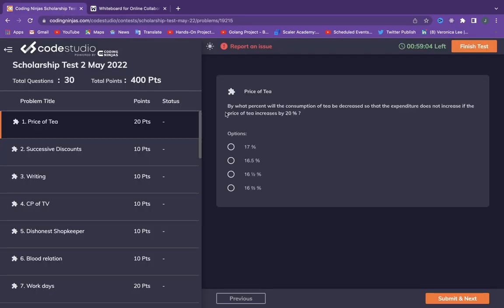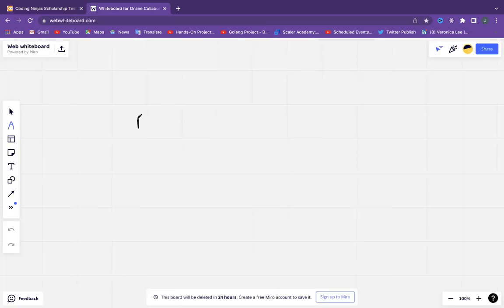So let's say you spend X amount of rupees. X amount of rupees is price into consumption, I guess. So price into consumption is equal to X. So this got increased by 20%.